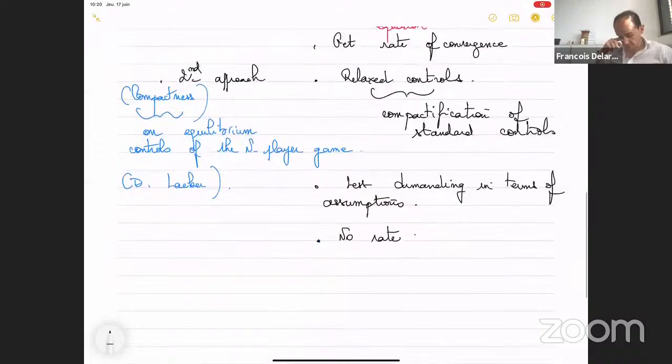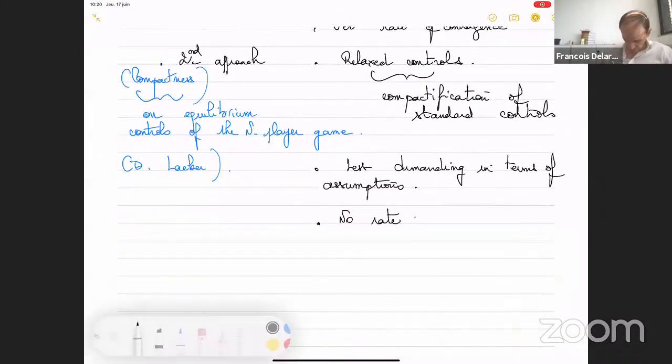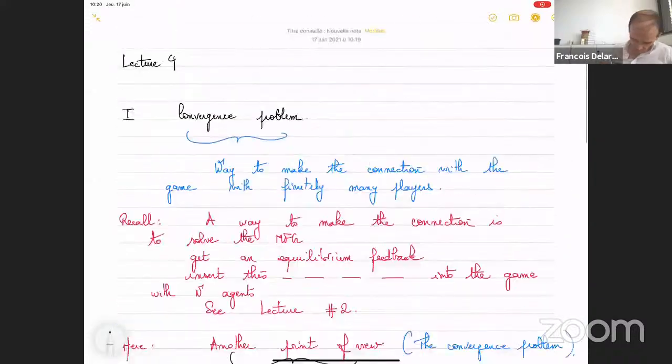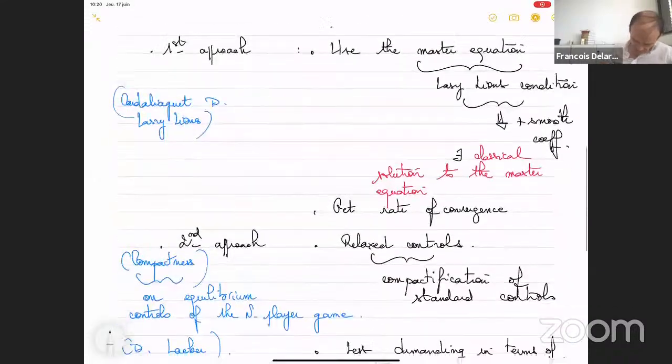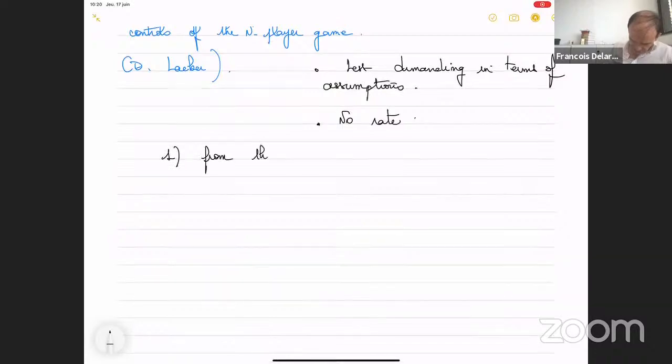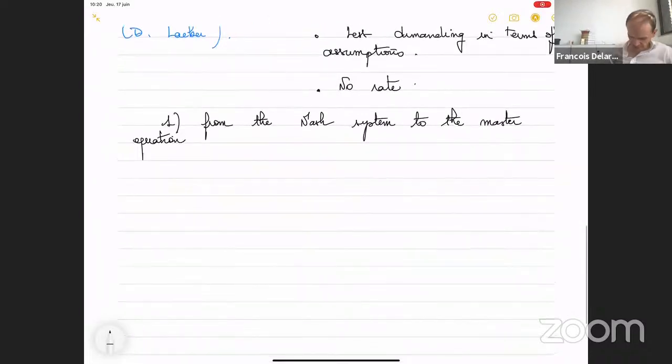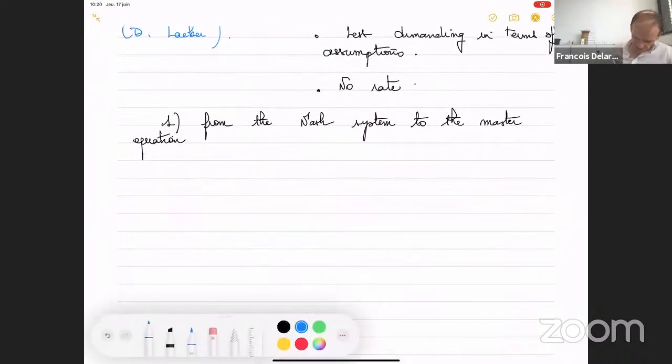So let me write this properly. This is paragraph number 1. From the Nash system to the master equation. So what is the setting for this Nash system?